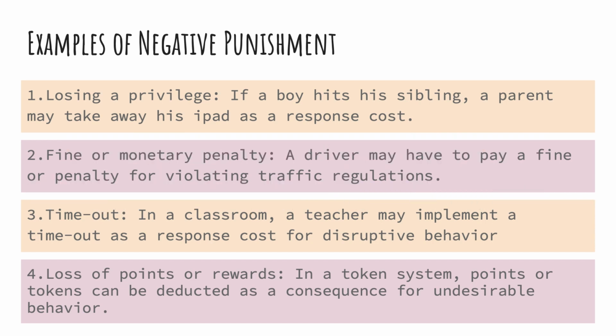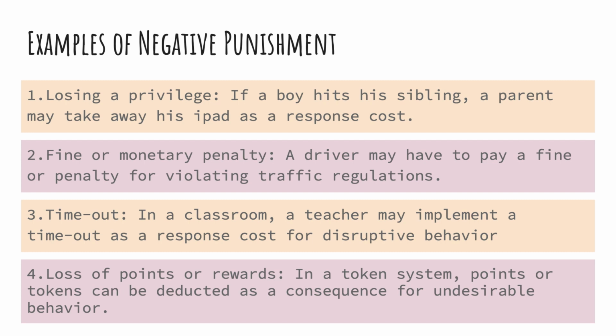These examples illustrate how negative punishment techniques are applied in various contexts to modify behavior. By removing or reducing pleasant stimuli or imposing negative consequences, negative punishment aims to decrease the frequency of undesired behaviors.